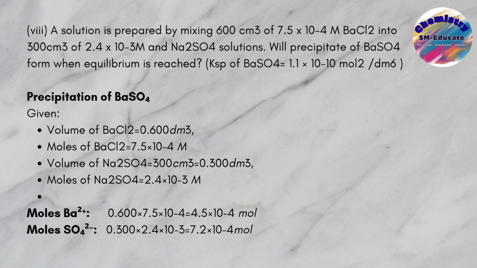Moles Ba2+ equals 0.600 times 7.5 times 10 to the minus 4 equals 4.5 times 10 to the minus 4 moles. Moles SO4 2- equals 0.300 times 2.4 times 10 to the minus 3 equals 7.2 times 10 to the minus 4 moles.